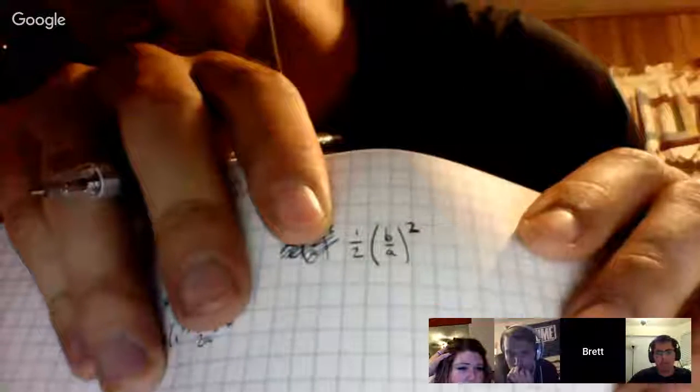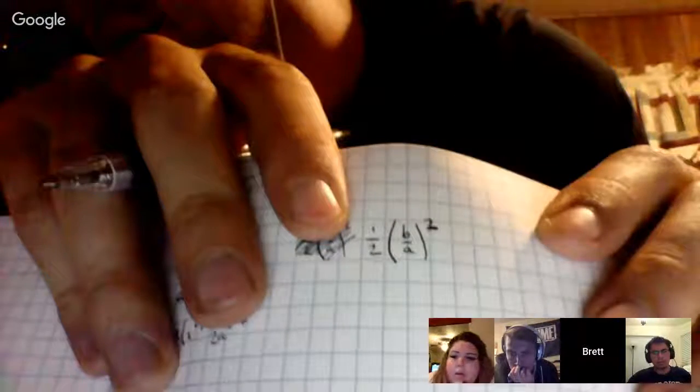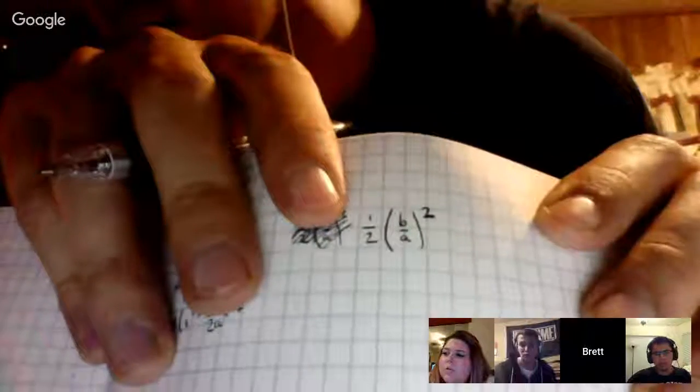So wouldn't you have to square it before you multiply it by 1/2? So it's 1/2 of the coefficient, and then you square it. Oh, okay. So if the coefficient is 6, half of it would be 3, and then you square the 3, so that makes it 9. Gotcha.